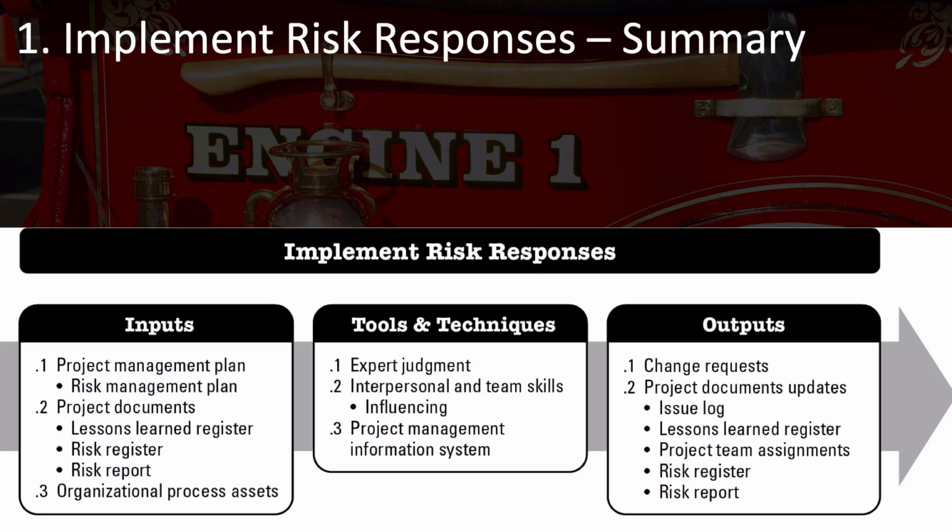Then for tools and techniques, you have expert judgment, the influencing skill that you need to influence risk owners to make sure they're managing properly the risks that have been assigned to them, and your project management information system that can include tools to help you with changes that you need to make to your costs and schedule and so on in order to implement your risk responses.